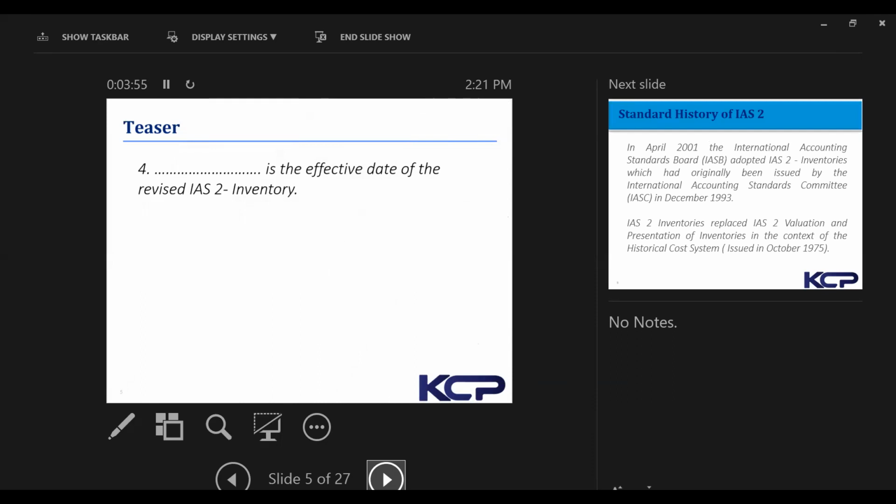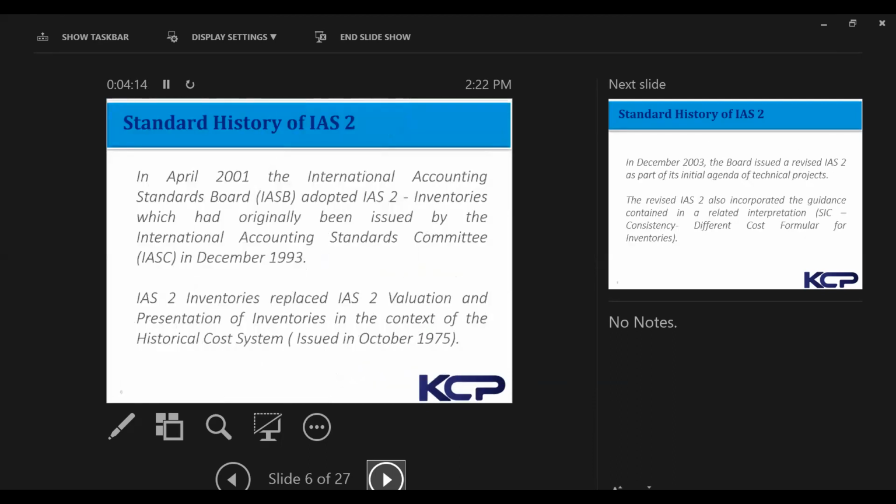Okay, dash is the effective date of the revised IAS 2. What was the effective date, or what is the effective date? Oh, you can't remember. So let's write. Yes, you get it as we go on.